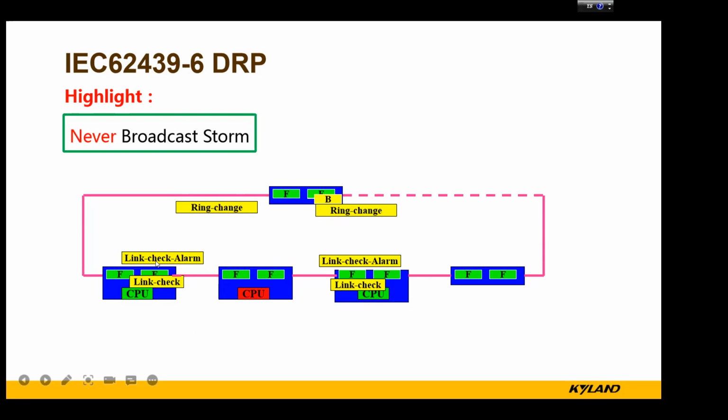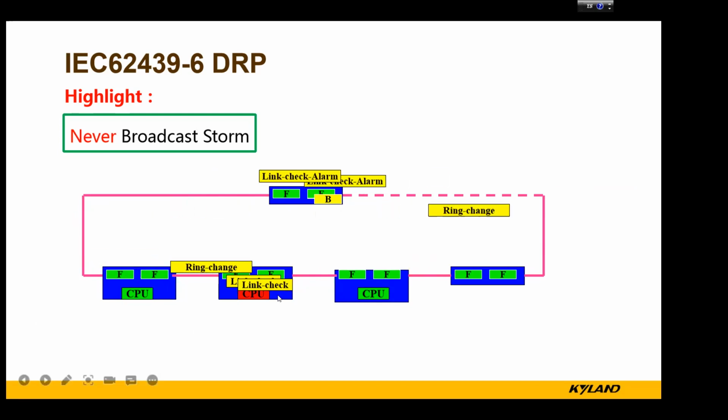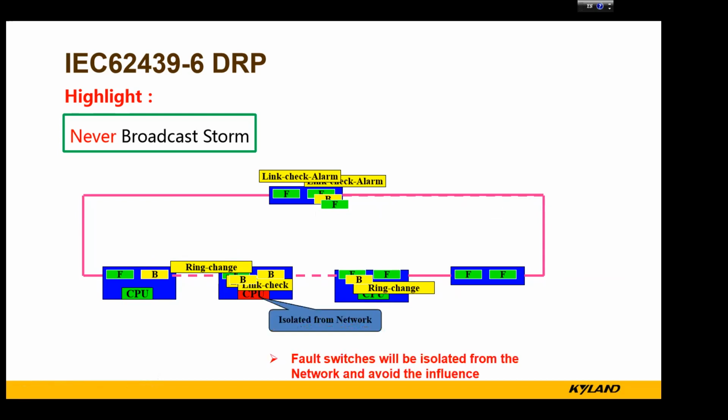The switch will automatically and periodically send the link check packet to the neighbor host. You can see that the switch sends the link check packet. And if the switch is hung, it will not reply to the link check packet. Then these 2 switches will block the path to this switch, and then isolate the hung switch from the whole network. So there will be no influence from this hung switch on the whole network.